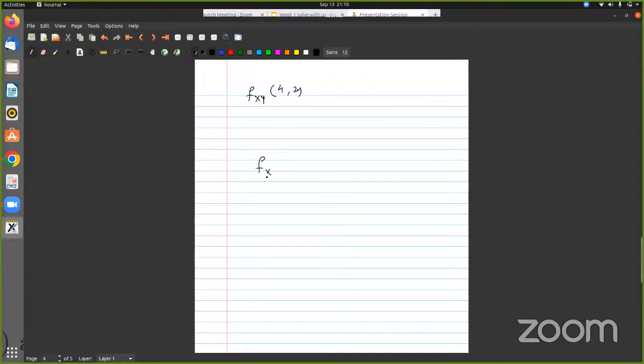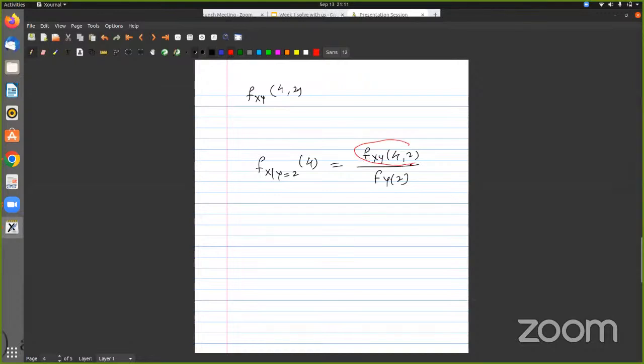First of all, tell me fx given y equals 2 of 4 is equal to what? Probability of 4 comma 2 by probability of 2. So I can say this like this, right? Fy of 2, yes.